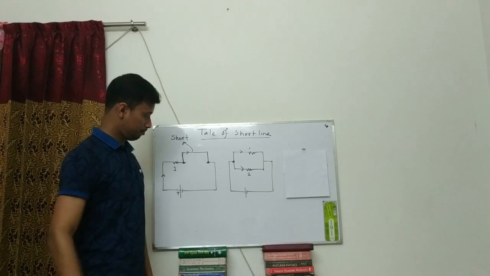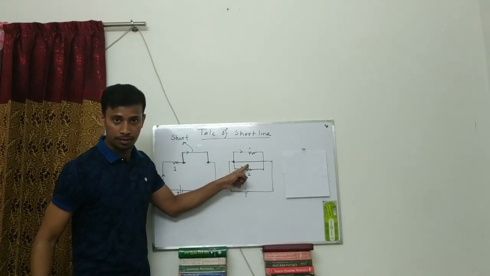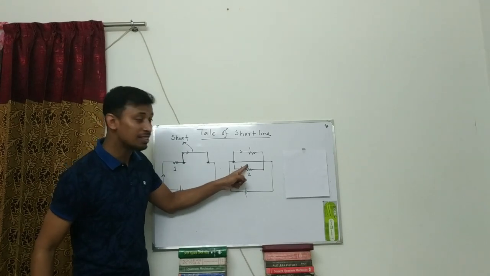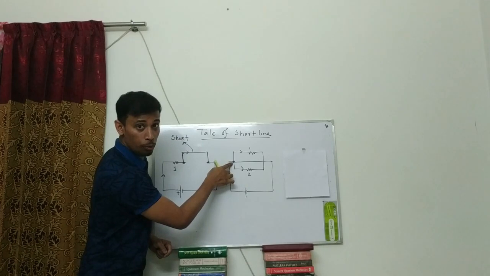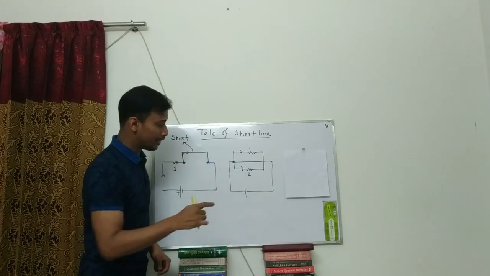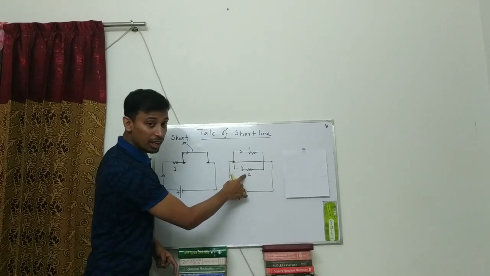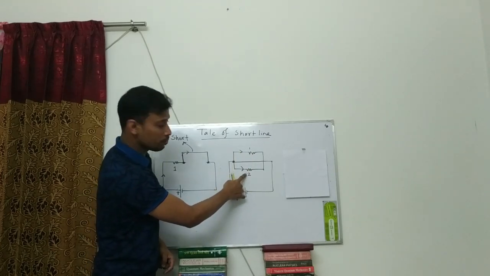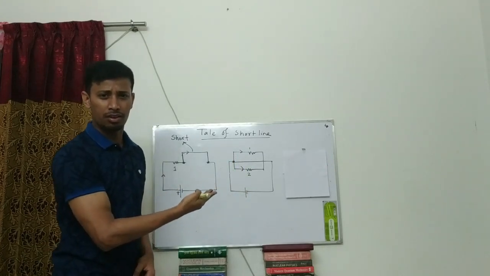But what if I add a line like this? Then what will happen? This line has no resistance. So when electrons reach the starting point, they see three lines. One has a resistance, another has another resistance, and the third doesn't have any resistance, right?